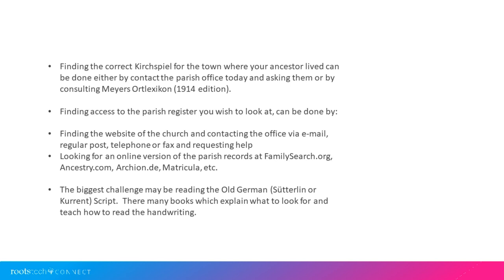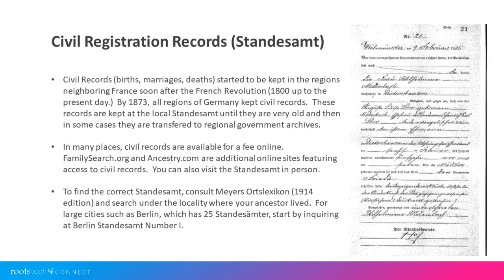The next place to go shopping is the civil registration records kept at the Civil Registry Office, known as the Standesamt. Civil records, births, marriages, and deaths started to be kept in the regions neighboring France soon after the French Revolution, from 1800 up to the present day.